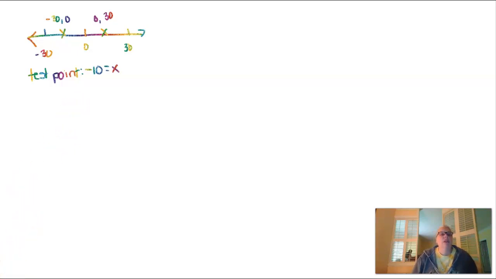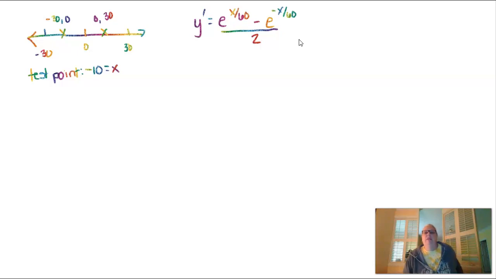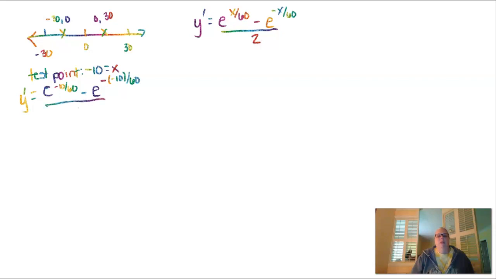Let's see what that first derivative was. I found it and written it over here. Y prime is equal to e to the x over 60 minus e to the negative x over 60, over 2. So I'm going to put negative 10 in for x. So y prime is e to the negative 10 over 60 minus e to the opposite of negative 10 over 60, over 2.